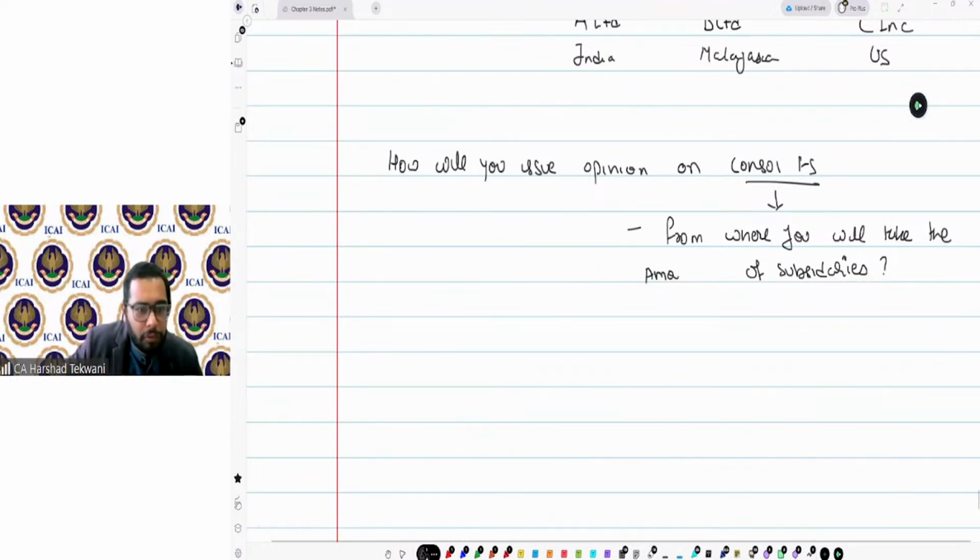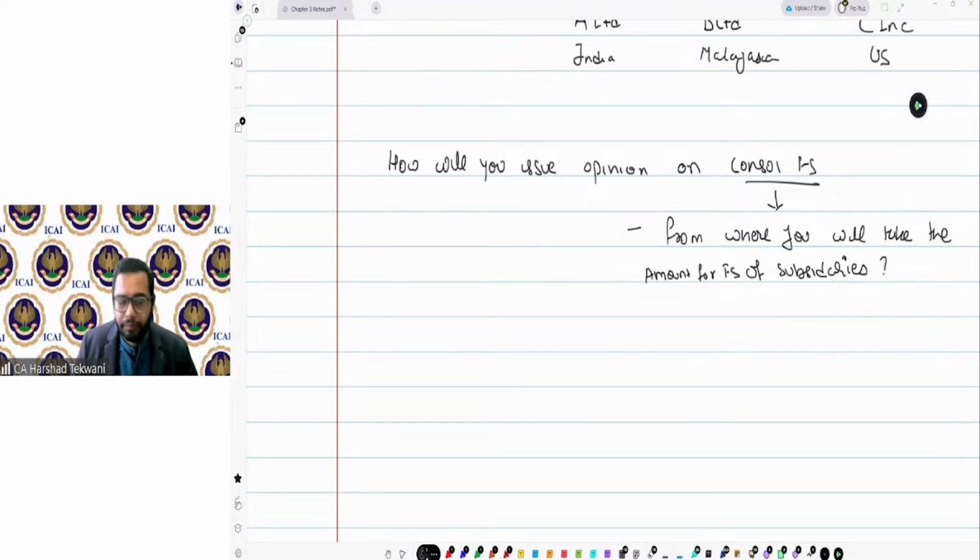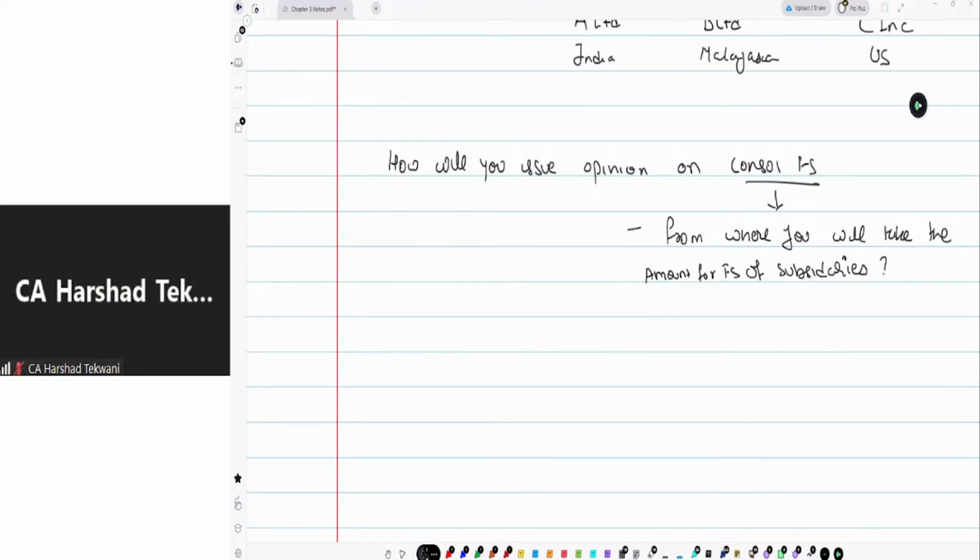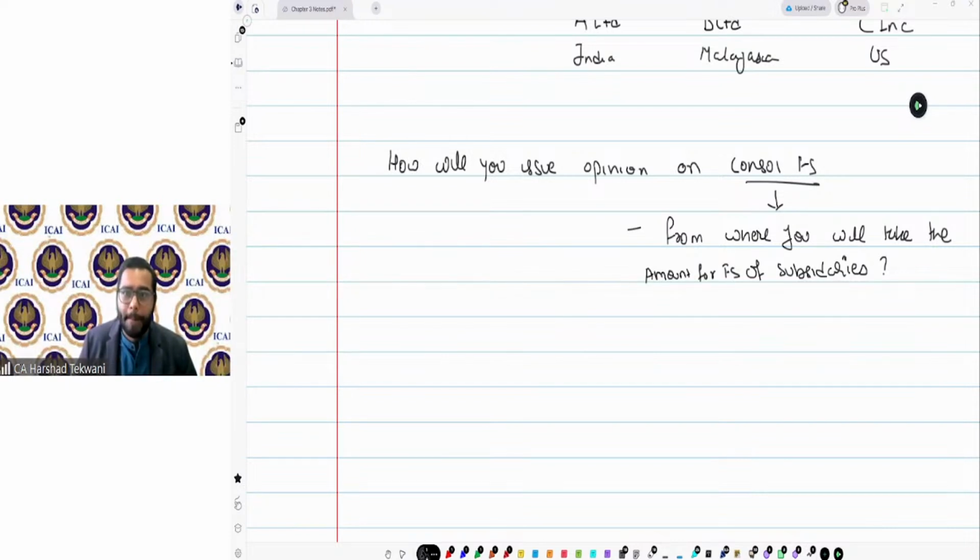The amounts for the financial statements of the subsidiaries, from where will you take these numbers or amounts? Important question.